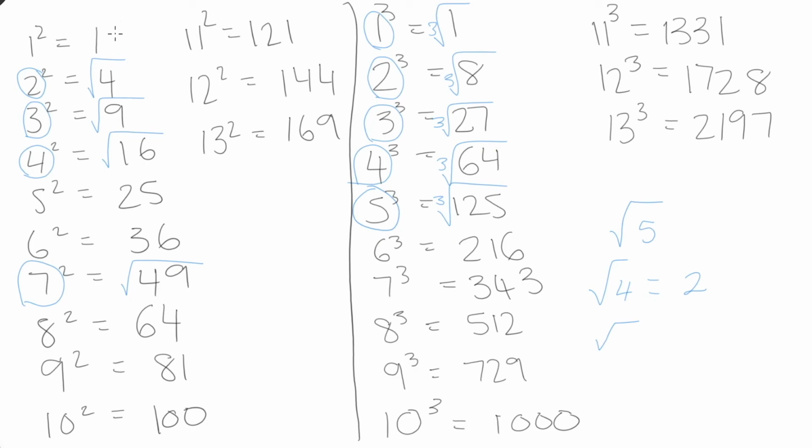We know that 9 is higher than 5 and is a perfect square. We know the square root of 9 is equal to 3. Okay, so the square root of 5 is going to fall somewhere between the square root of 4 and the square root of 9, because 5 is between 4 and 9. So the square root of 5 is going to lie between 2 and 3.